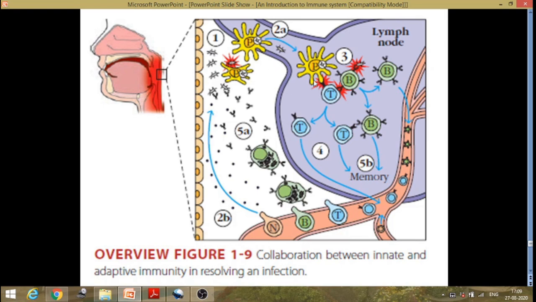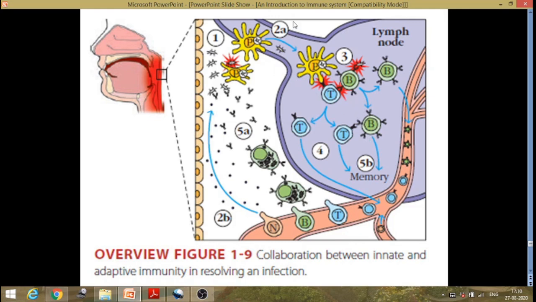The phagocytic cells help activation of the adaptive immune response. Phagocytic cells are components of the innate immune response, and T and B cells are components of the adaptive immune response. So phagocytic cells activate T and B cells.